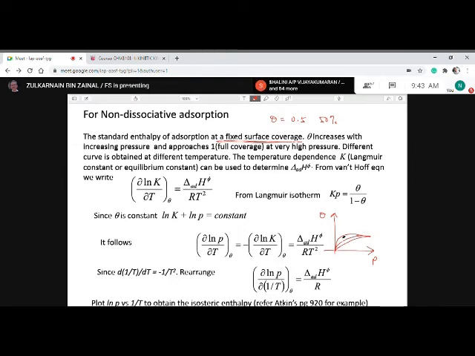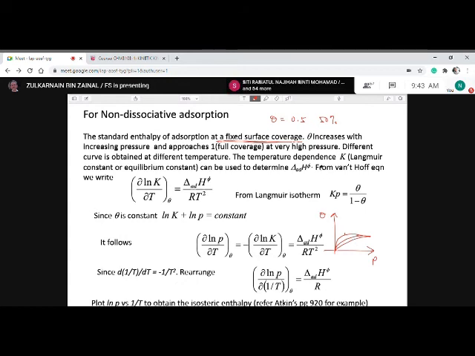So meaning that at high temperature, for example, the reaction probably will be better, and you can reach equilibrium faster than at low temperature.